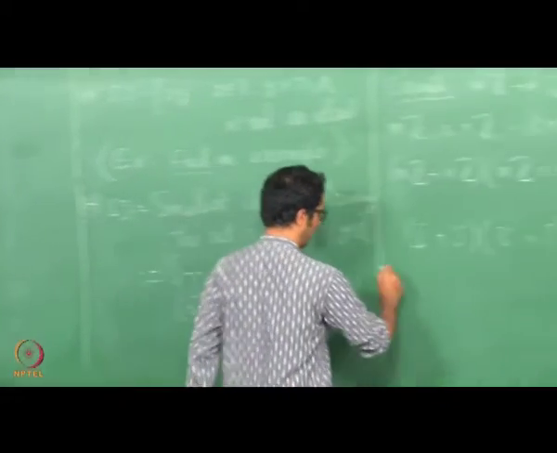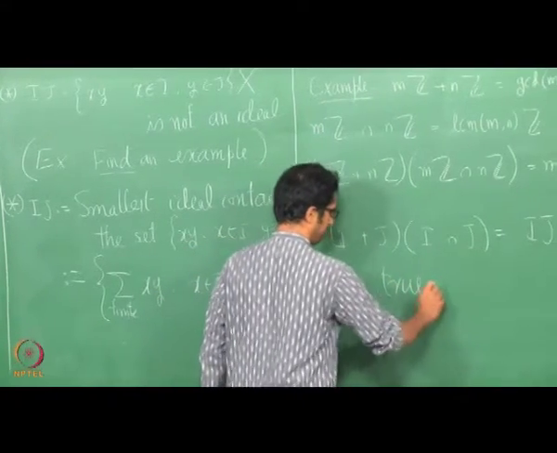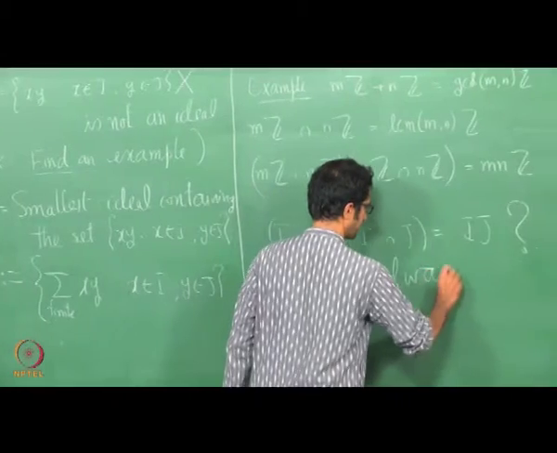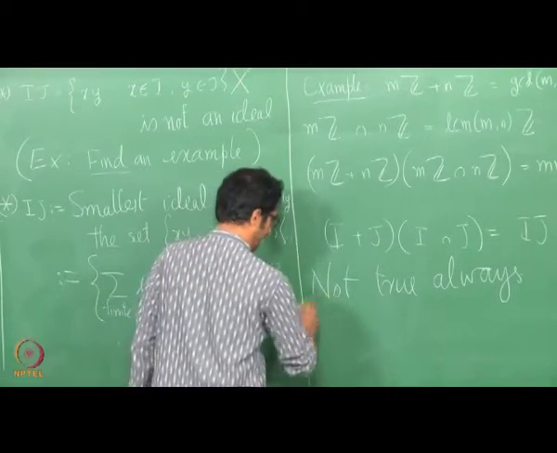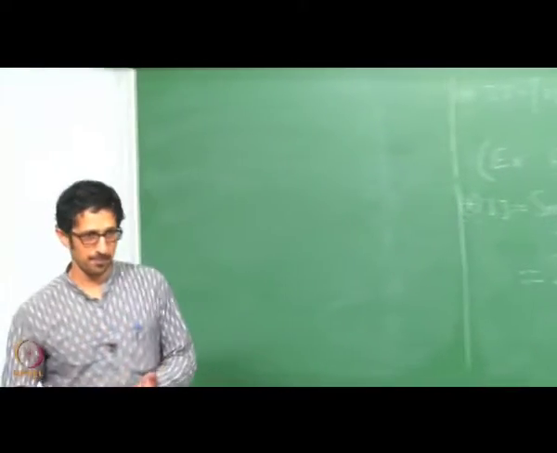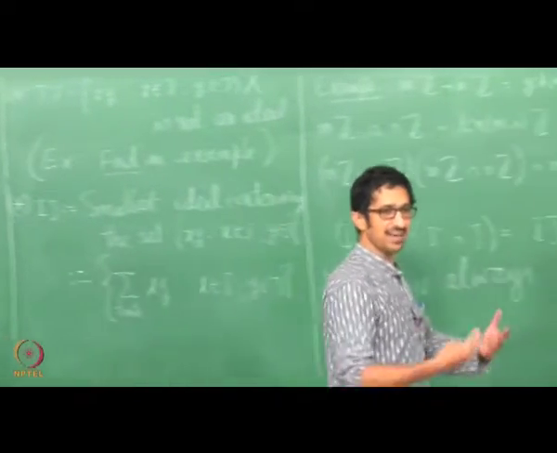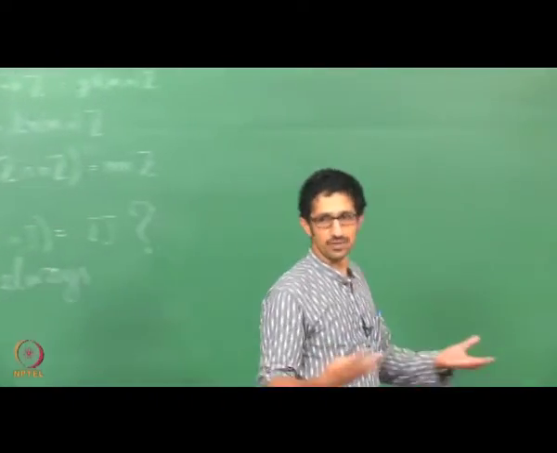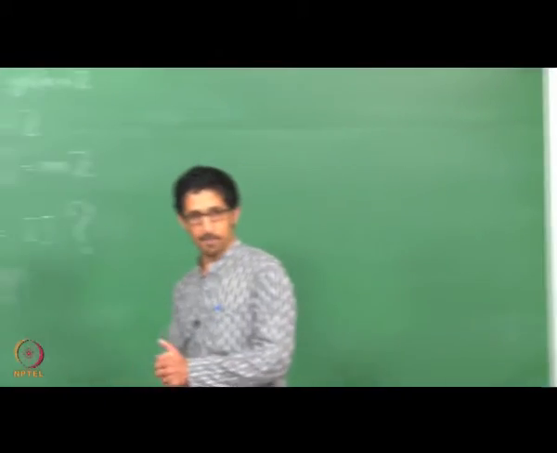So, this is not true always. Again, K[x] and Z are very close ring property wise, both are PIDs.